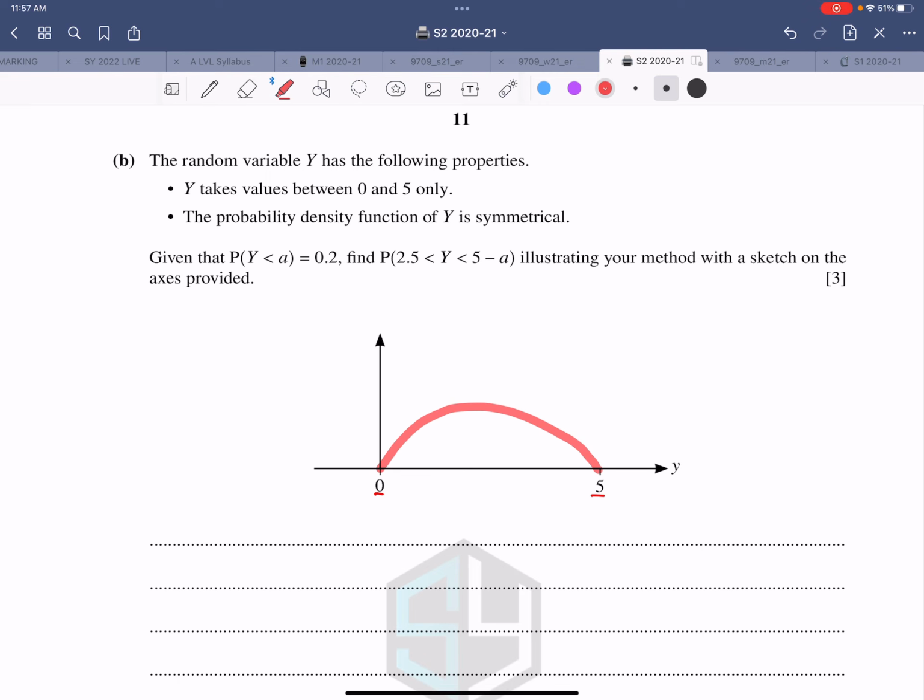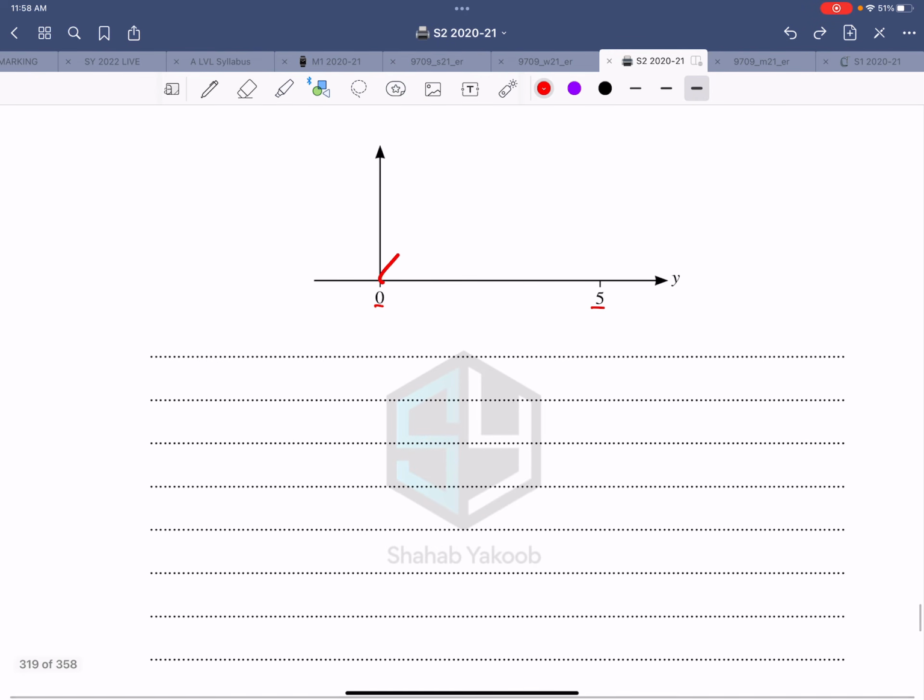Since it's symmetrical, let me draw it more beautifully. I don't get a feel of this thing, so let me draw it properly, something like this. Now this is much better.